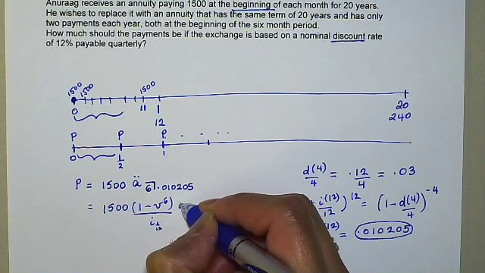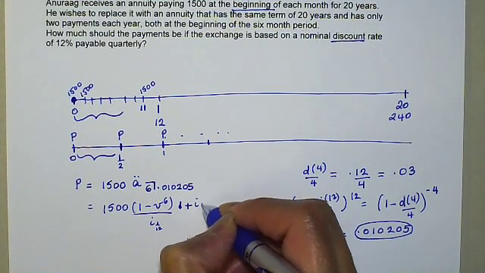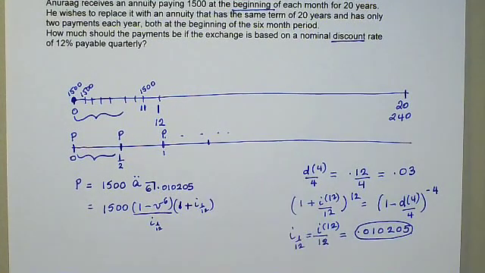That's it. Clean it up. 1500, 1 minus v to the n over d. So i monthly over 1 plus i monthly. It turns out to be 8775.75.